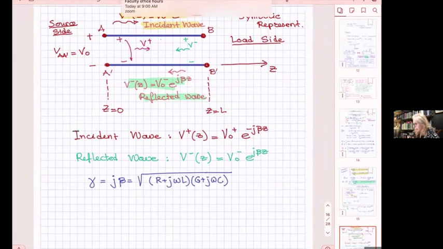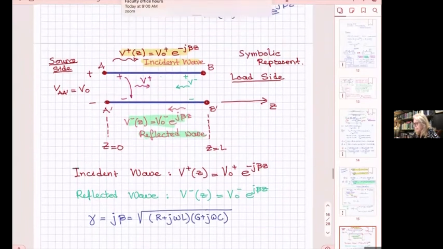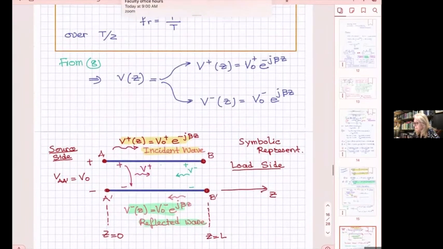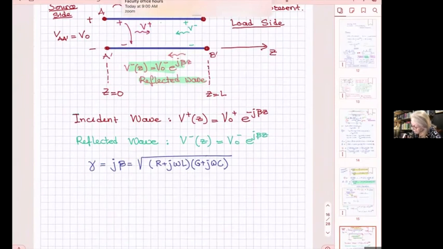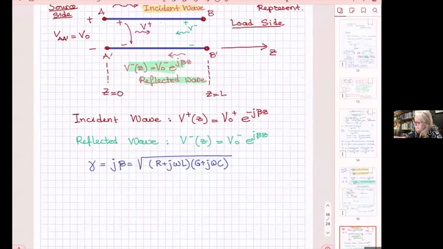The way I have it here is like that, but you can rewrite these waves in the most general case where there are losses, and I will show you why I write it like that.